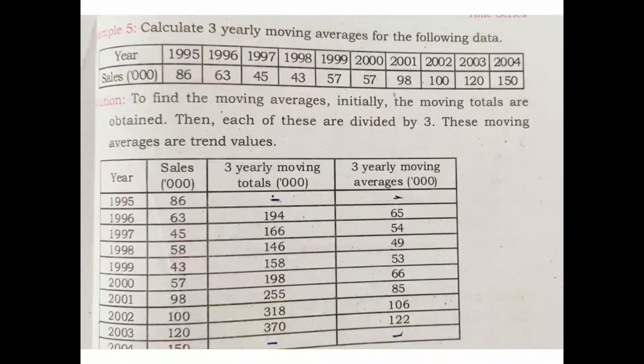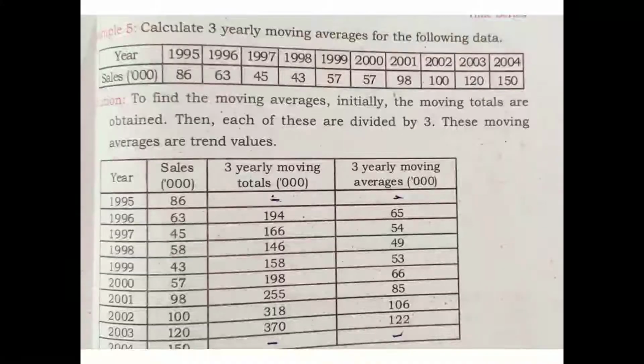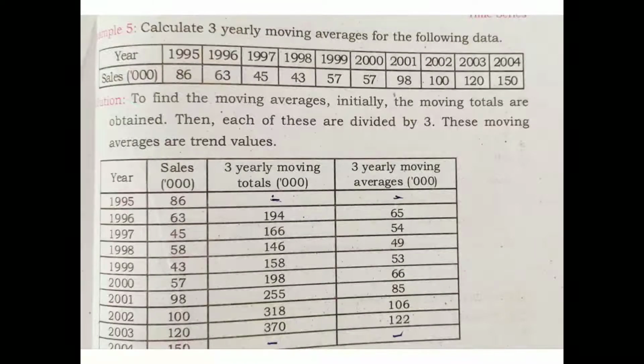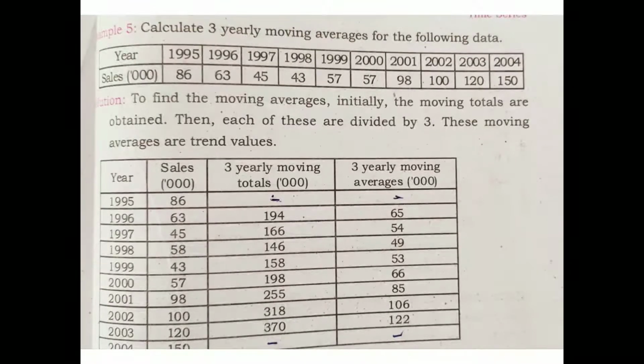Next, you are not grouping, you are going to calculate the successive overlapping values. So the 86 value you exclude for the second calculation. Next is 63 plus 45 plus 58, which gives you 166. Go on adding likewise. Next you calculate the average of these 3 yearly moving totals: 194 divided by 3 gives the average values.